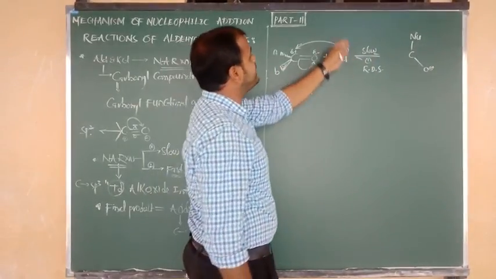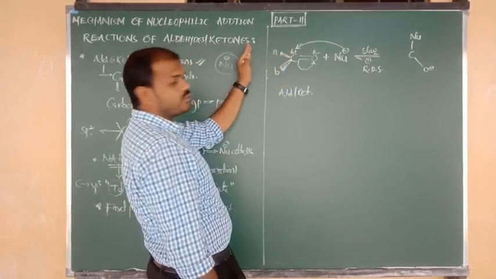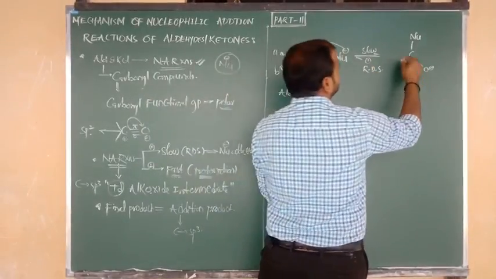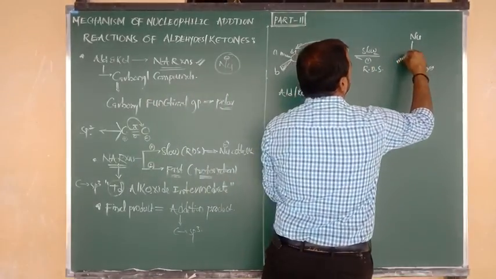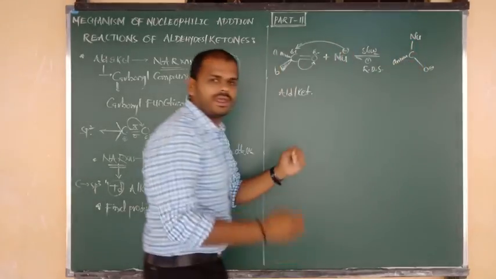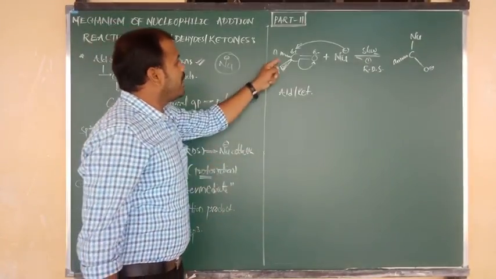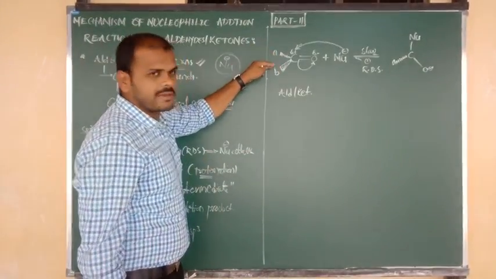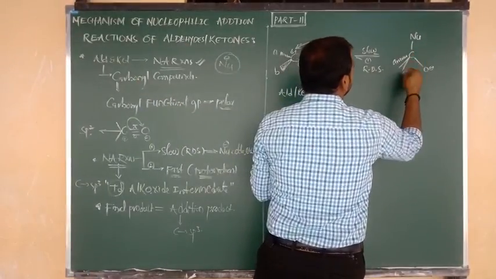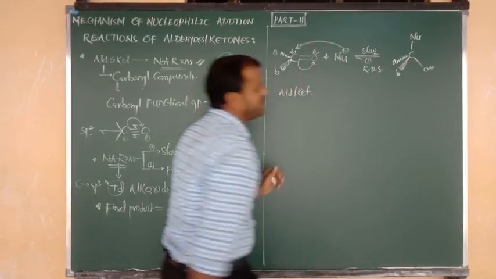By the attack of the nucleophile, the left group slowly comes down. This is group A, or any atom as you wish, H or CH3 like that. And B comes down a little bit, drawn as a solid wedge.